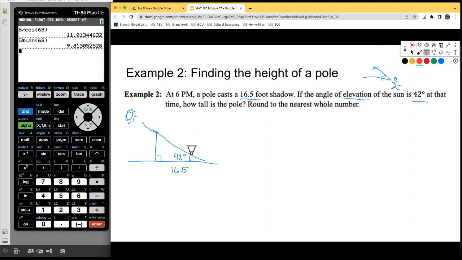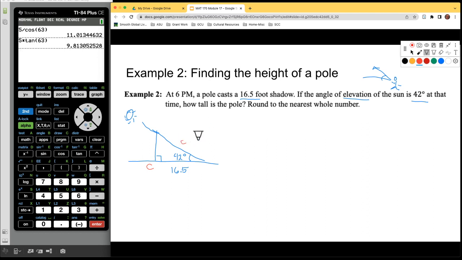On this one, we don't have to worry so much about solving the entire triangle. All we really need to know is how tall this pole is. So let's do our labeling. This should be big C, little c.